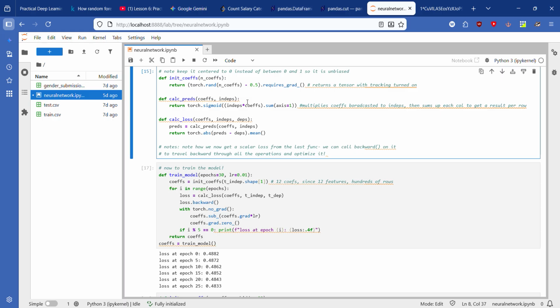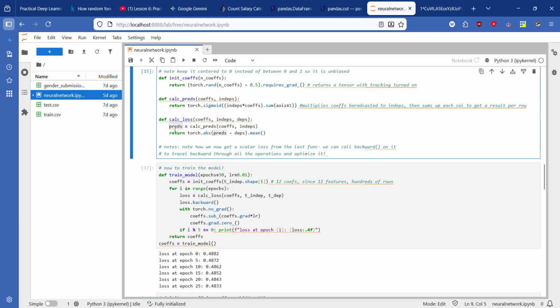But just as a quick recap, backward pass means that we're going backwards in our computational graph of the tensor and seeing what went wrong and how we can adjust the weights, or the coefficients, in order to get better and better little by little.